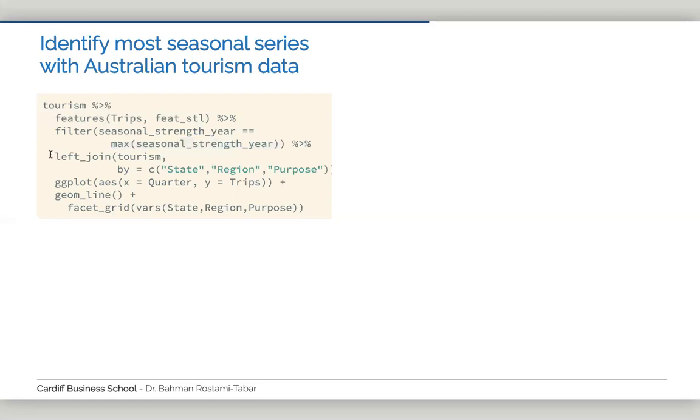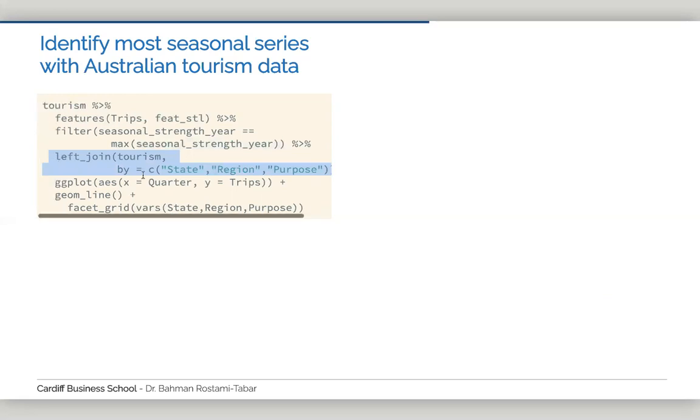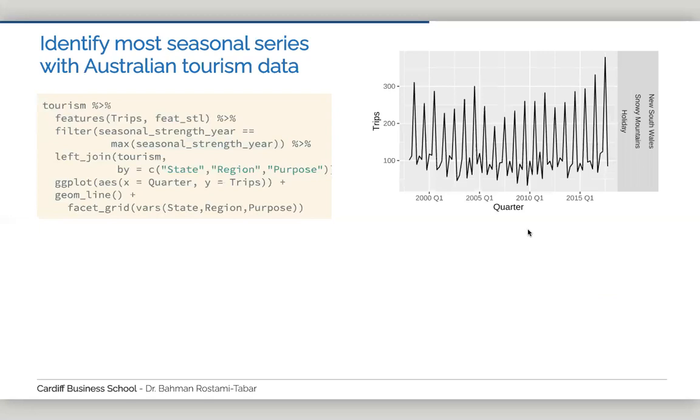Following that, we have to join it to the original time series, and then we can create a ggplot. If you run this, again, we can extract the most seasonal series in this data set. In the same way, you can extract any sort of time series you are interested in from the features.